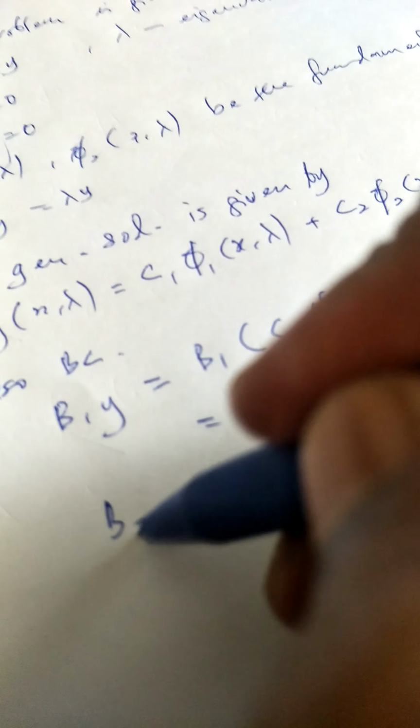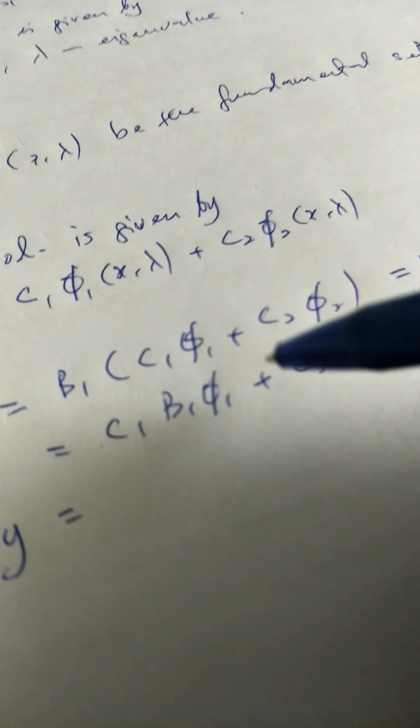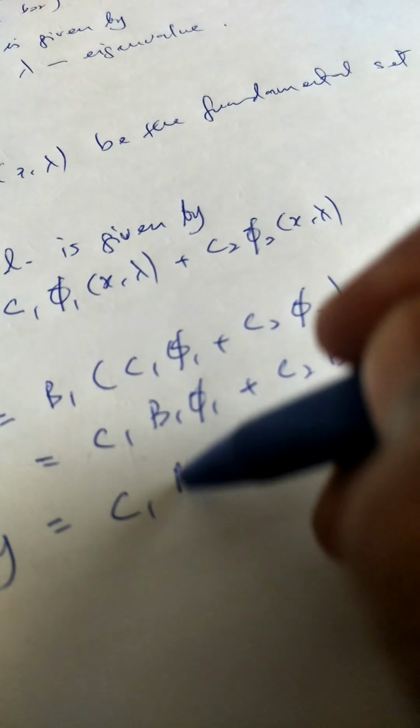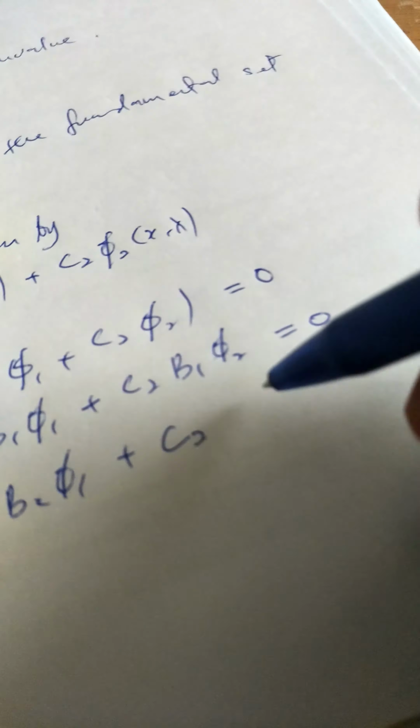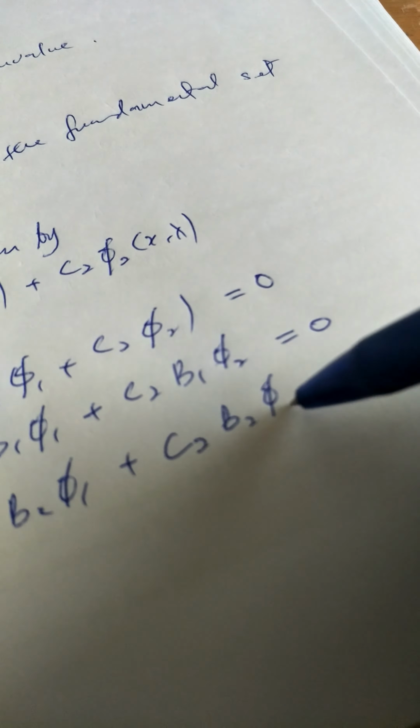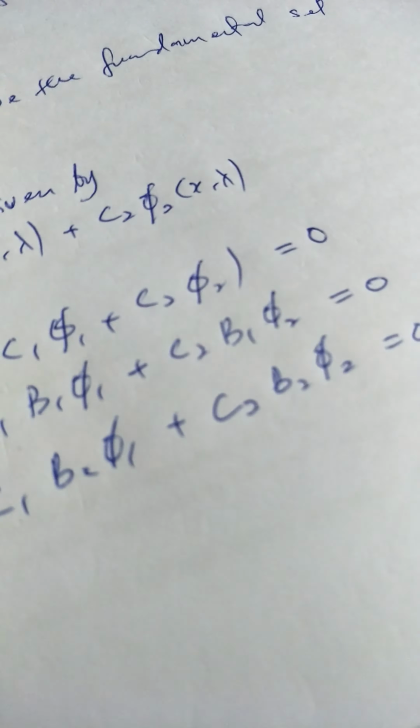For the second boundary condition B2 y, we have c1 B2 phi 1 plus c2 B2 phi 2 equal to 0.